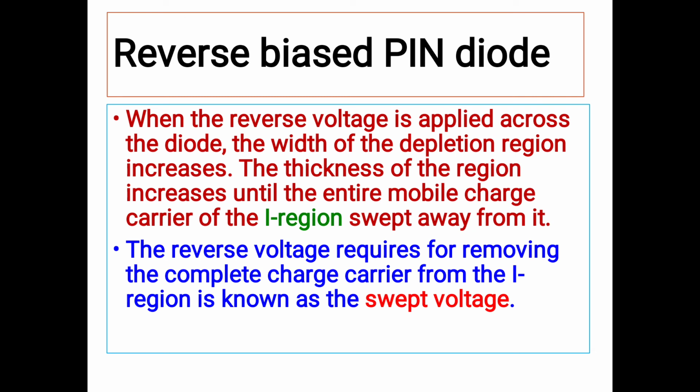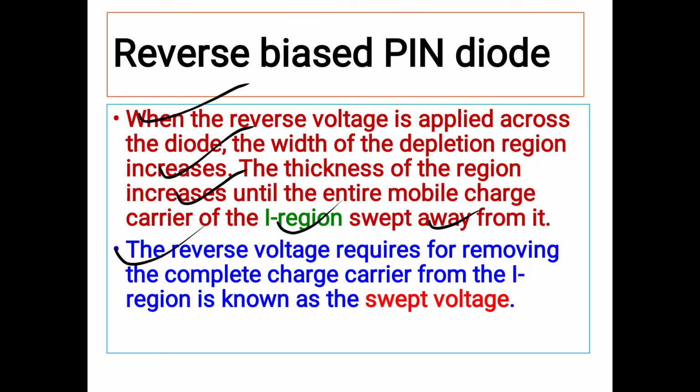Now we will be explaining the working of the diode under the reverse bias condition. So when the reverse voltage is applied across the diode, the width of the depletion region increases. The thickness of the I region is going to increase until the whole number of free mobile charge carriers are swept away from this region.